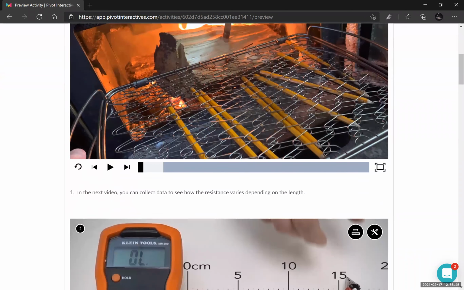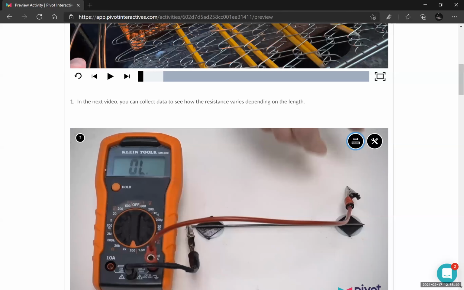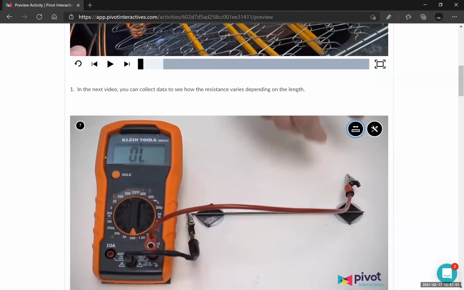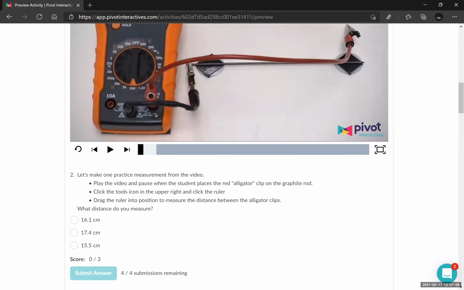After you watch it, let's say we collected our wire of interest, that's the graphite from the pencil. We remove it and place it like that, and we're going to find the resistivity of that. On the left side you can see an ohmmeter, a device that measures resistance. Our goal will be to take measurements.